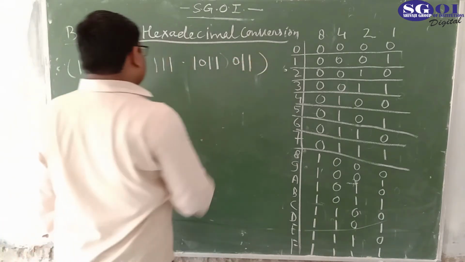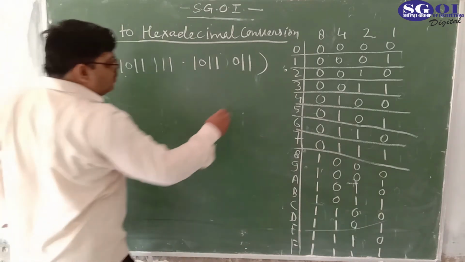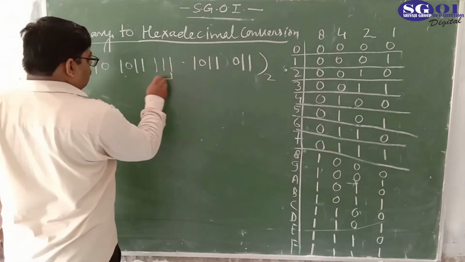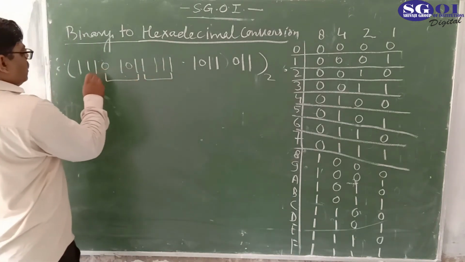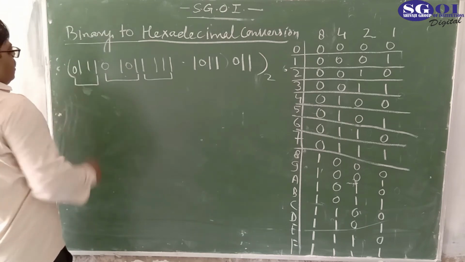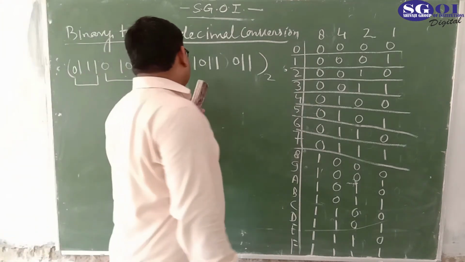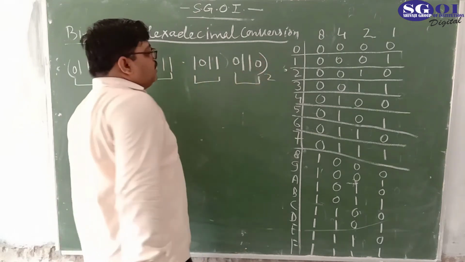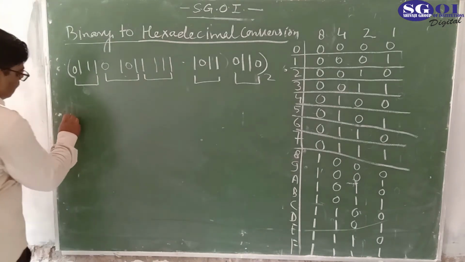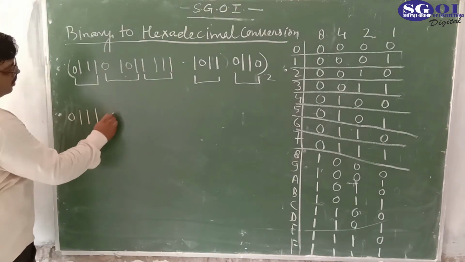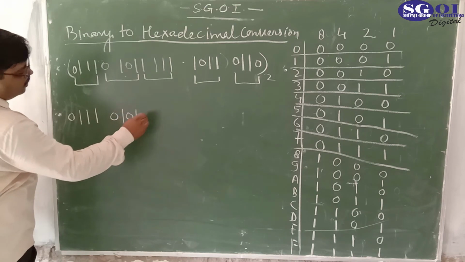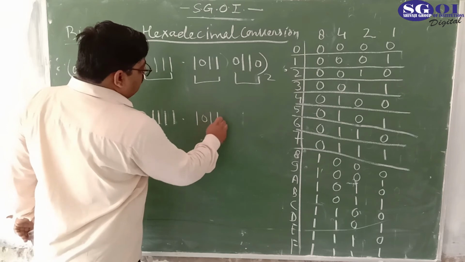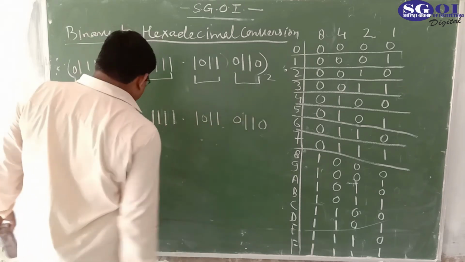So you see, this is a binary. Firstly, we make groups of 4. So this is a group of 4, this is a group of 4. Here only 3 numbers, so we add 0. From there, this is a group of 4, and this is another group of 4. Then we add 0, giving 0111, 0101, 1111, point 1011 and 0110.